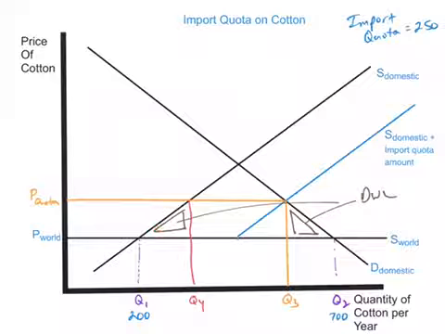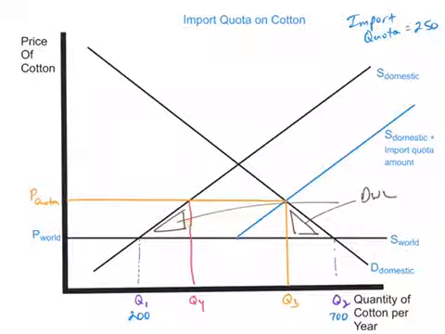And over here, we really have an efficiency loss. We could have world suppliers producing Q4 at P world, so we could have an intersection here. Instead, we're restricting imports and we're forcing, or we're allowing, the domestic producers to make it at a higher price.